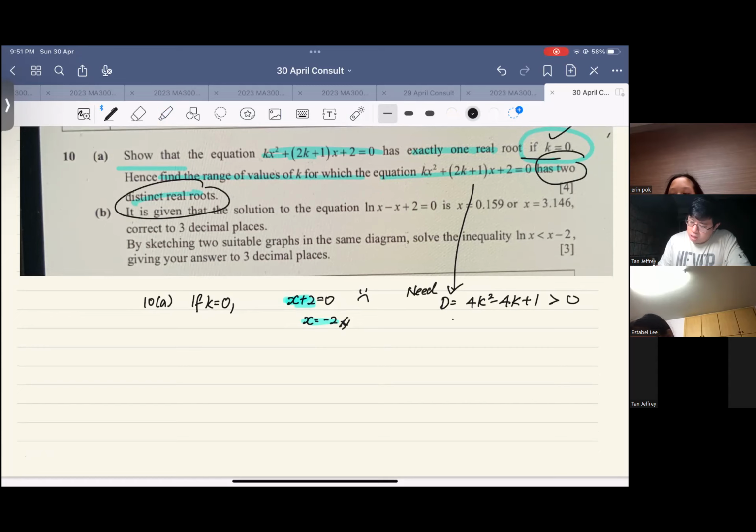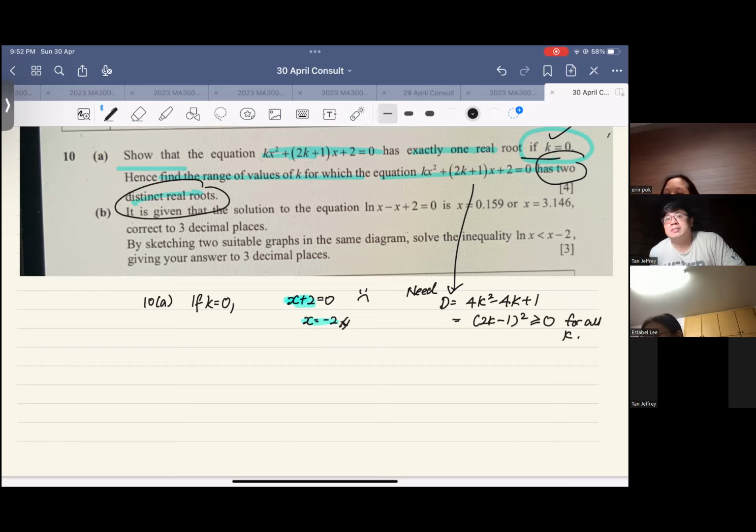Actually, I can factorize this as 2k minus 1 squared, which is something squared. So can I say this is always more than or equal to 0 for all k? Something squared is always non-negative. I thought it's more than 0, not more than or equal. This is always more than or equal to 0.